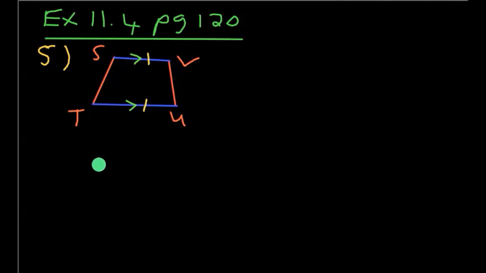For exercise 11.4 on page 120, we are going to do number 5. We are given a quadrilateral STUV with one pair of sides, the blue sides, being parallel to each other as indicated by the green arrows, and being of the same length as indicated by the yellow lines.